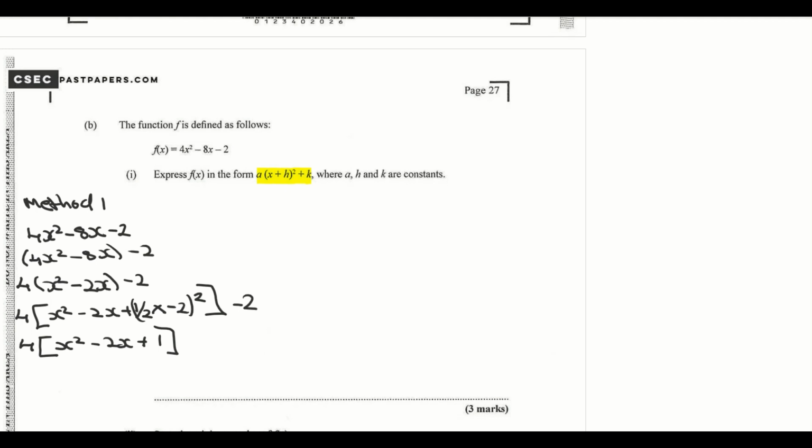So you have added on another value. So we're going to subtract that value so that we do not change the question. So you're going to subtract 4. Alright, then you're going to factorize that square bracket. So it's 4 open bracket x. Again, this is a perfect square.